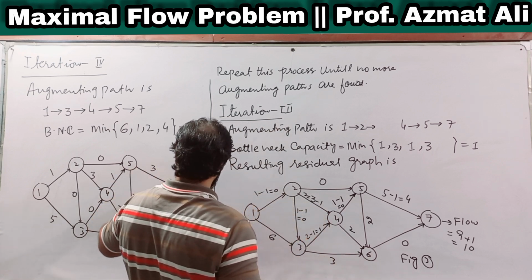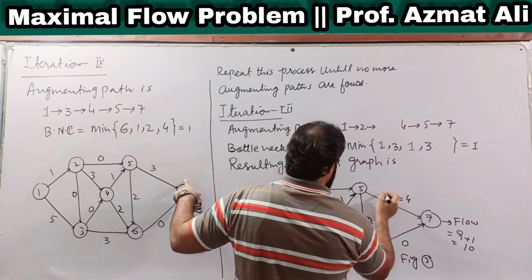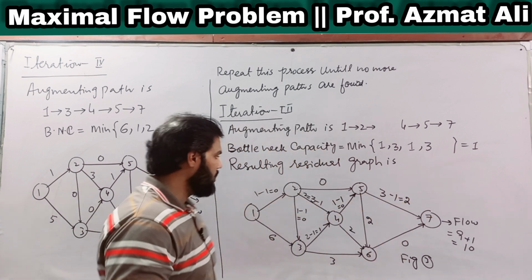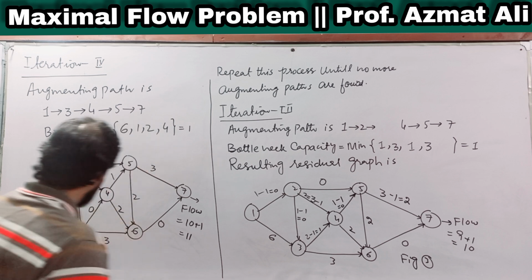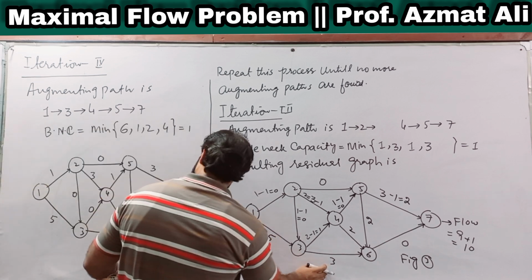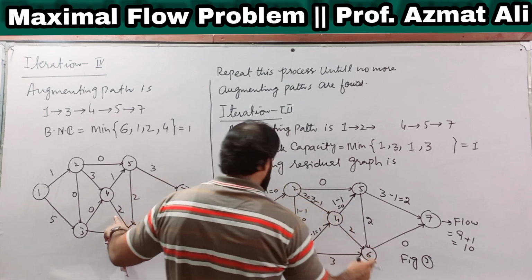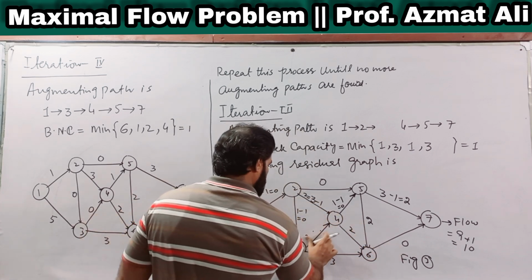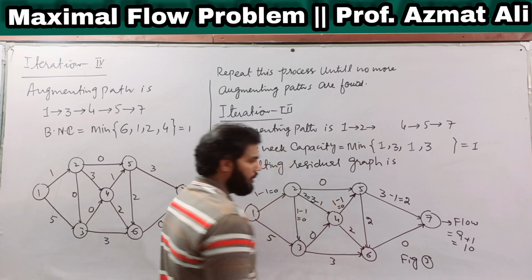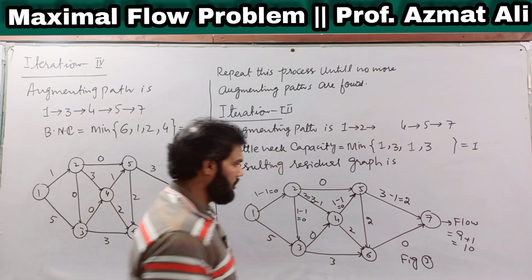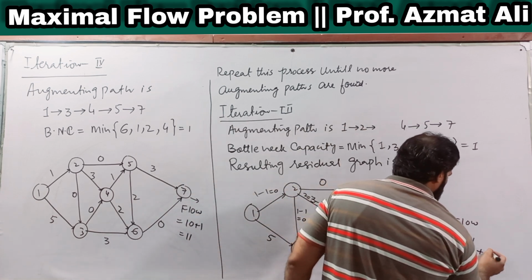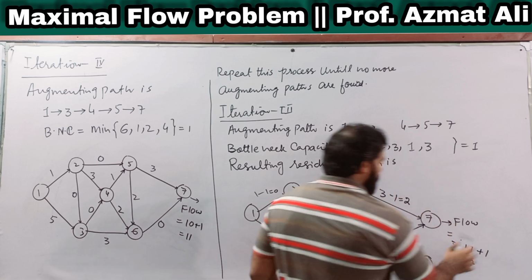Lastly from node 5 to node 7, this is 3 units, 3 minus 1, this is 2 units, and the remaining capacities remain same, that is 5 here, this is 5, this is 3, okay, 0, okay, this is 2, this is 0, this is 0, okay, and the final flow is now 11 plus 1, that is equal to 12 after fifth iteration.